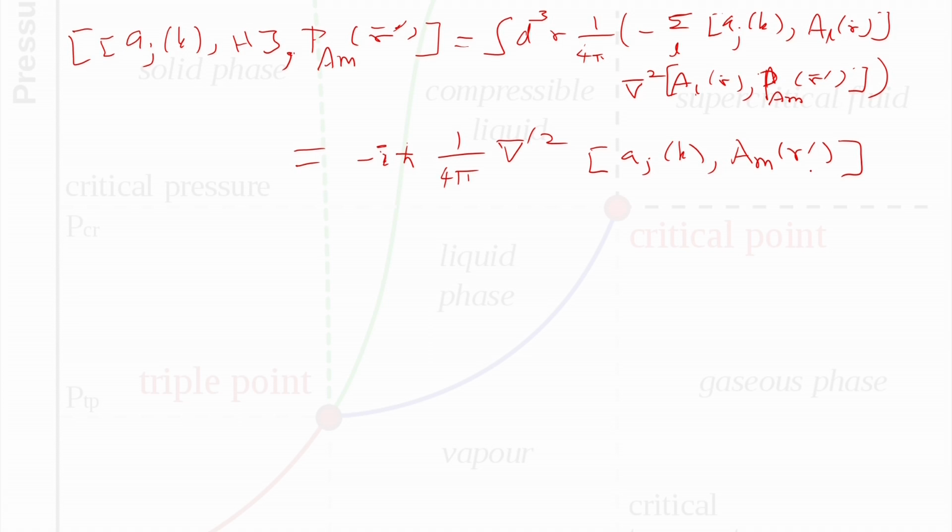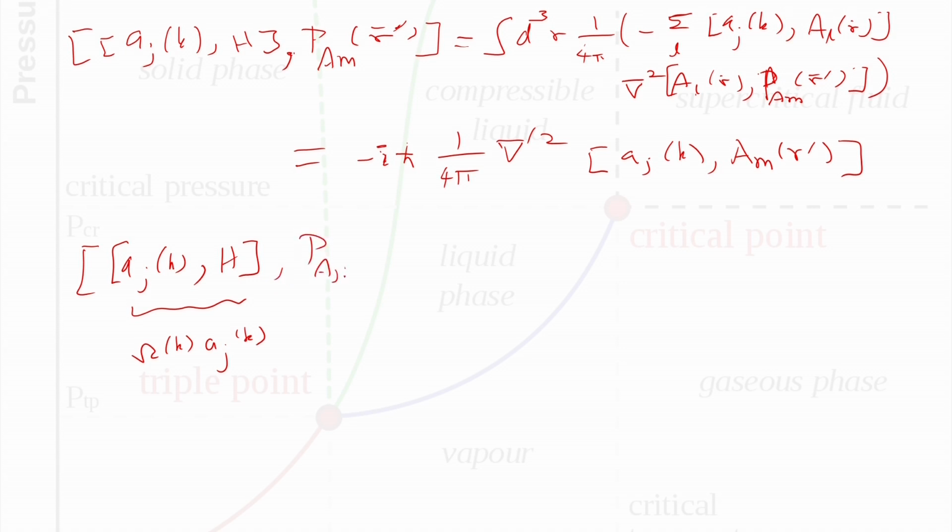Okay, so that is on the one hand, but on the other hand, because this is related to or it is equal to this, so on the other hand this is also equal to very simply just this.